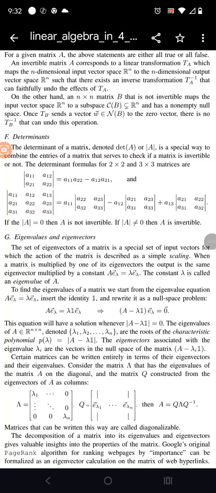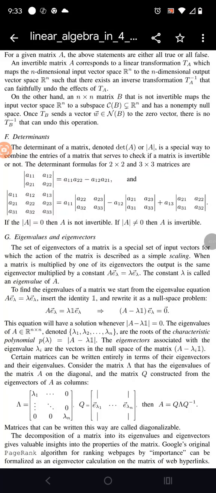So this equation will have a solution whenever the determinant of A minus lambda I equals 0. The eigenvalues of A in R power n by n, denoted lambda 1, lambda 2 up to lambda n, are the roots of the characteristic polynomial p(lambda) equals the determinant of A minus lambda I. The eigenvectors associated with eigenvalue lambda are the vectors in the null space of the matrix A minus lambda I.